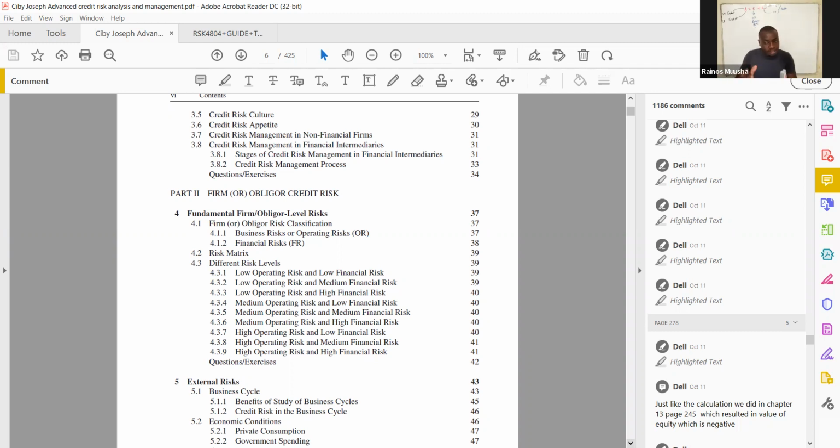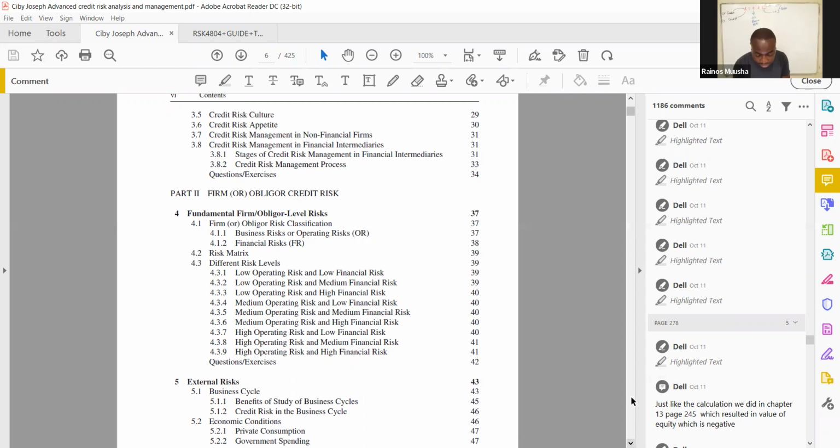Now, before we look at the credit portfolio, let's look at analysis of credit risk from the perspective of individual customers. So that's when we look at the fundamental firm or obligor credit risk management.